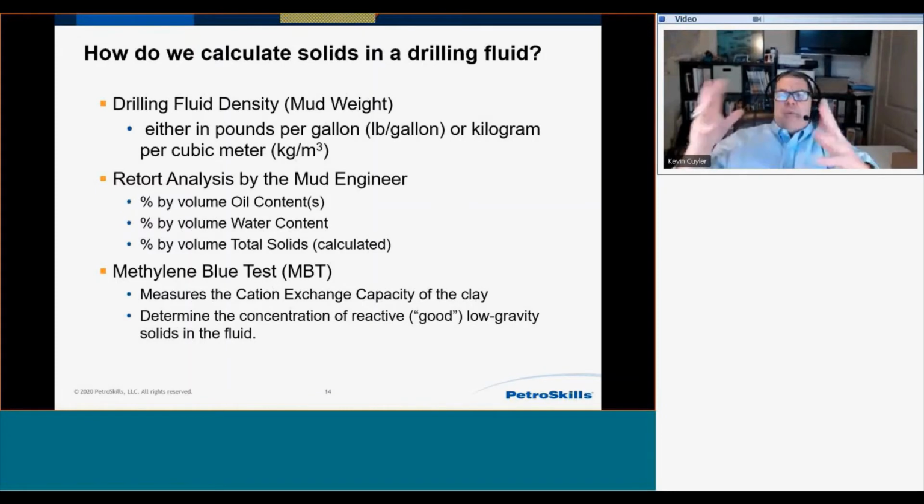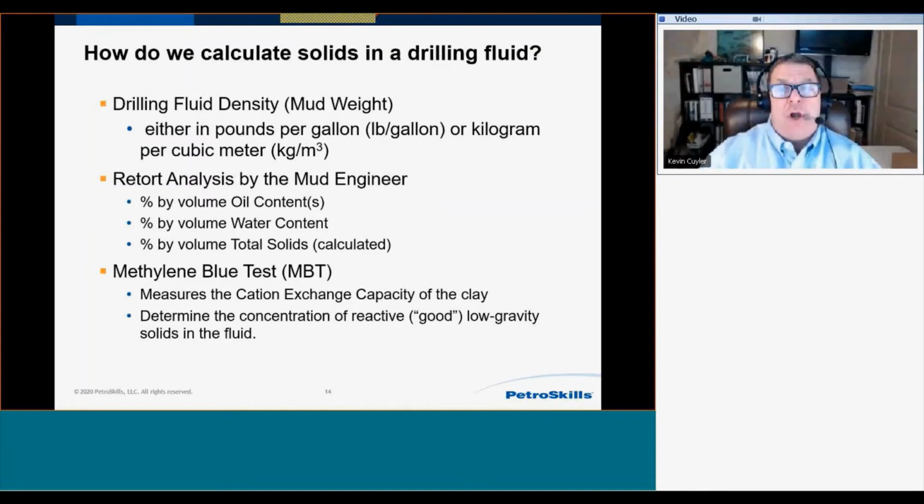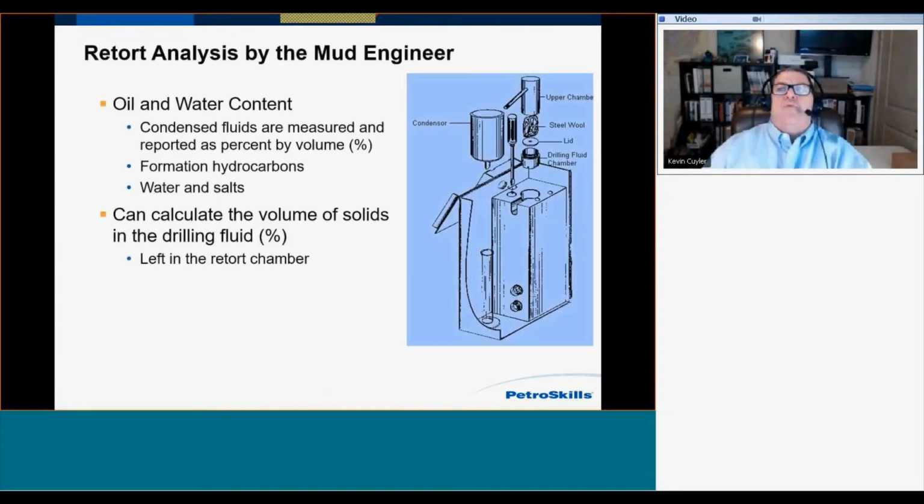But basically, we want to calculate the solids in a drilling fluid because we have to know what our density is. We run a retort, and we calculate it with what we call a methylene blue or an MBT test, and what each one of those does. So first, with our retort, this is a diagram of a standard retort. This is a 10 mil retort. What happens in this 10 mil retort is we are going to put a sample of drilling fluid into the chamber.